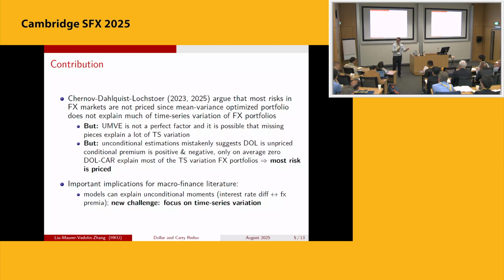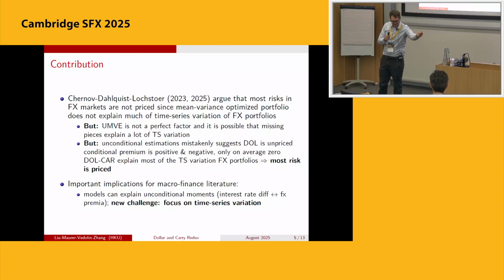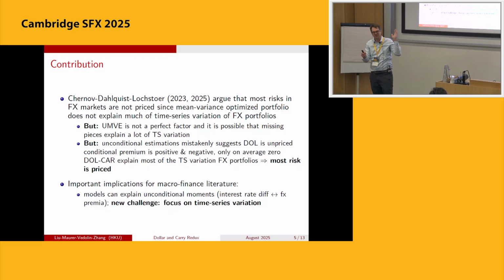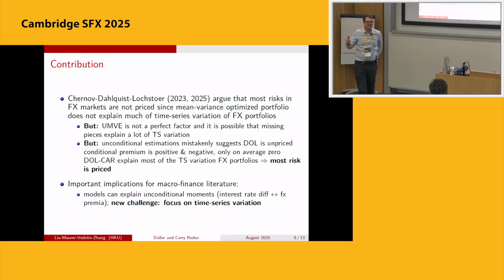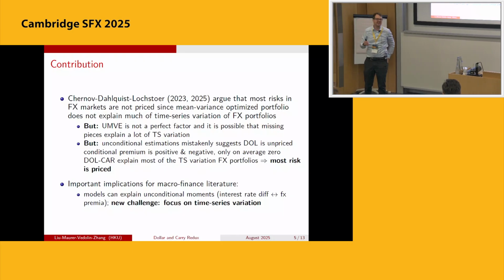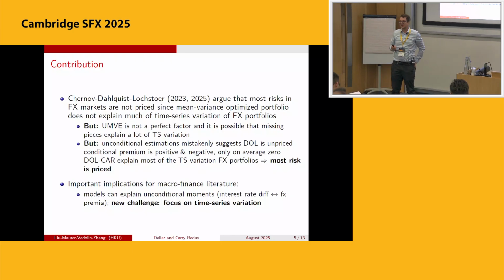And then the second thing they do is they run regressions of test assets on their mean variance optimized portfolio, this UMVE portfolio. And they show that the time series R squares are close to 0. And they're then saying, well, that means that basically most risk in FX markets is unpriced. Okay? Now, I think I have some issues about that.